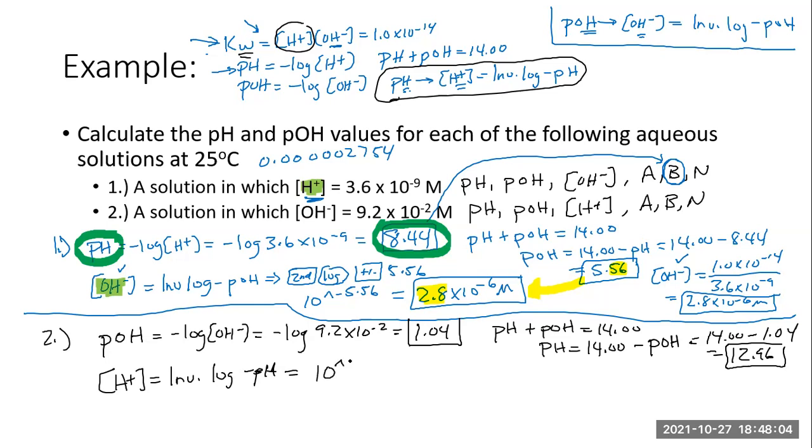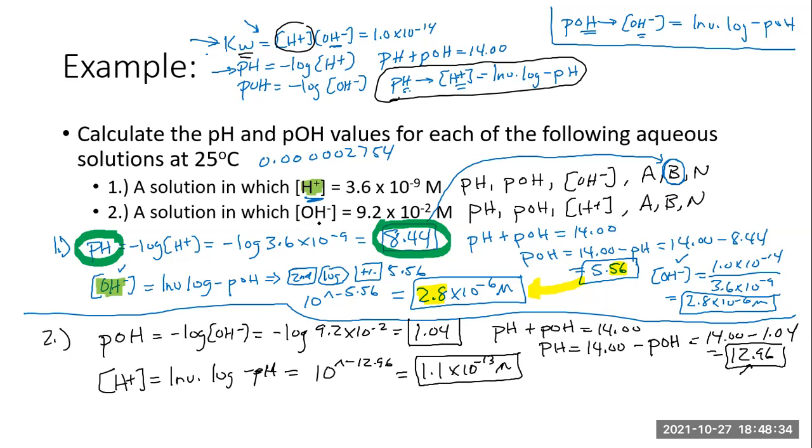You want to make sure you make it negative, and you want to make sure that you are using your pH value here, which is 12.96. And if we do that second log, negative 12.96, that gets us 1.1 times 10 to the minus 13 molar as our H plus concentration.